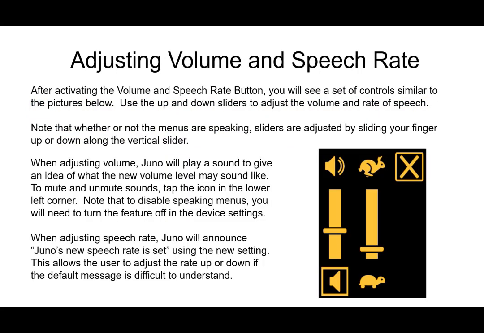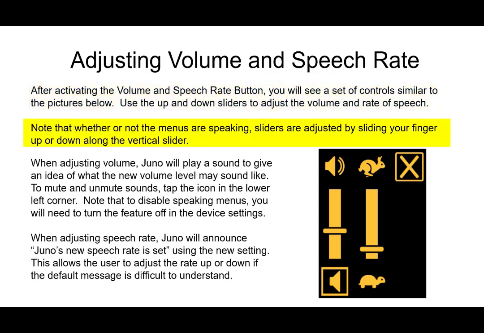So let's take a look at adjusting the volume and speech with the sliders. After you've activated that volume and speech rate button, you're going to see a set of controls similar to the ones that are on your screen now. And those allow you to adjust the speech rate and the volume.